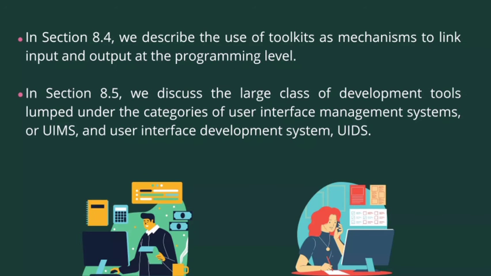Next, in Section 8.4, we will describe the use of toolkits as mechanisms to link input and output at the programming level, in order to provide programmers access to interaction objects to build the components of an interactive system.